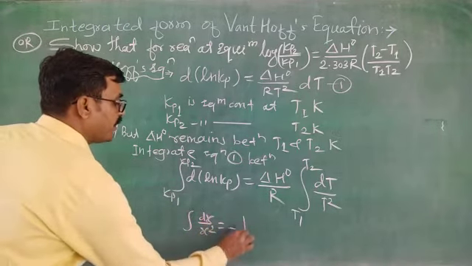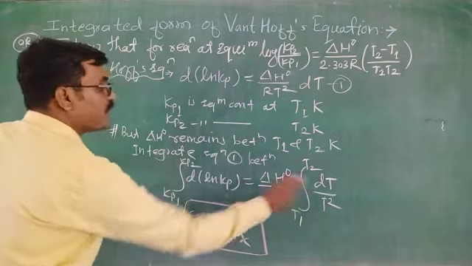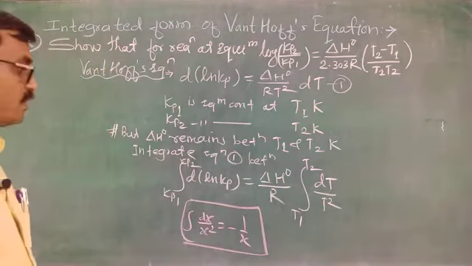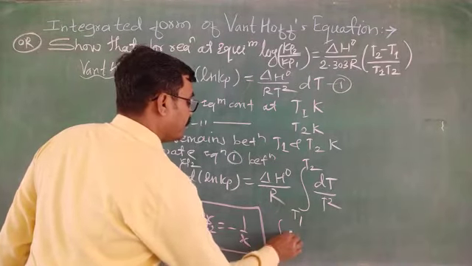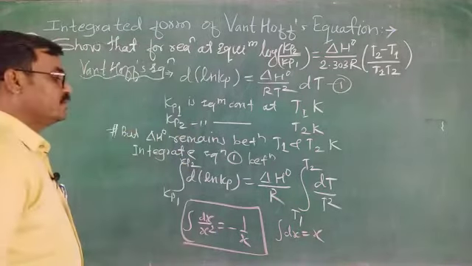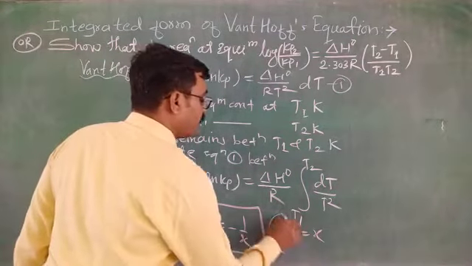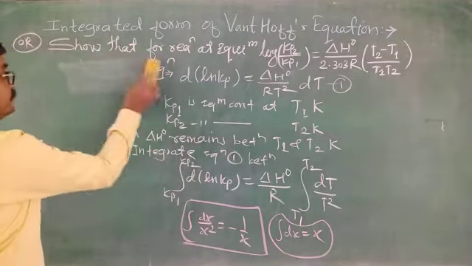This is nothing but minus 1 by x. You have to use this formula here, and again the integration of dx is x. These two formulae you have to use.